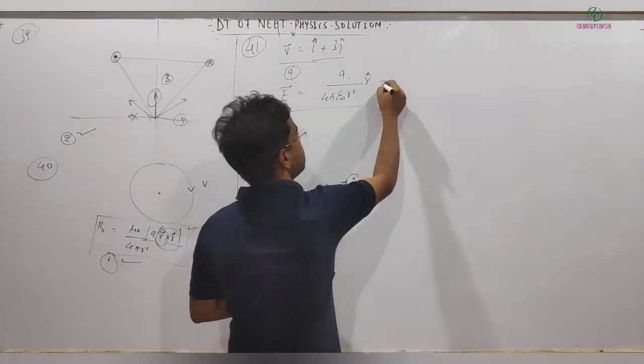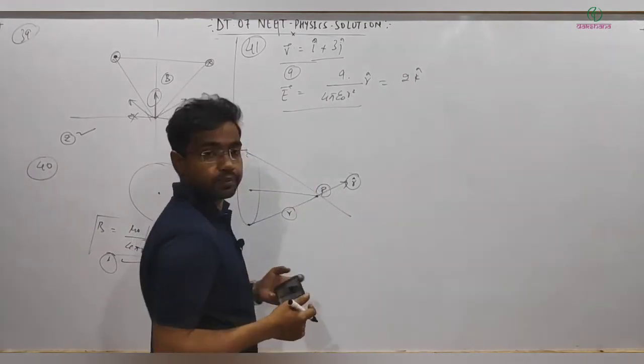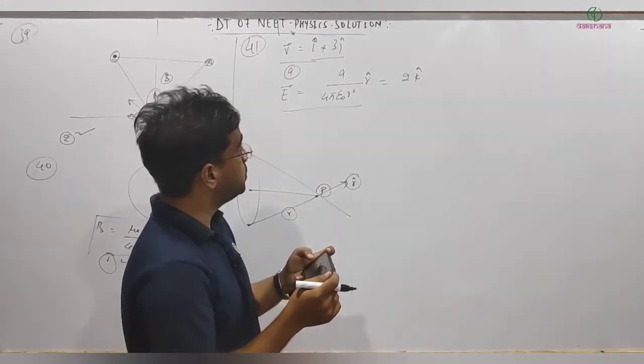And this is given as 2 K cap. So that is E for question number 41, 2 K cap.